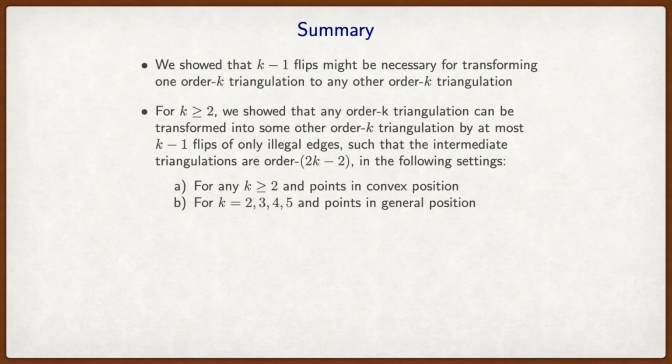In conclusion, we show that K-1 flips might be necessary for transforming one order K triangulation of a point set to any other order K triangulation of such point set.